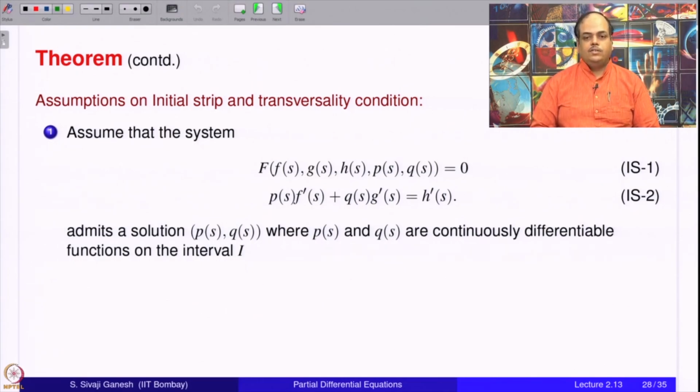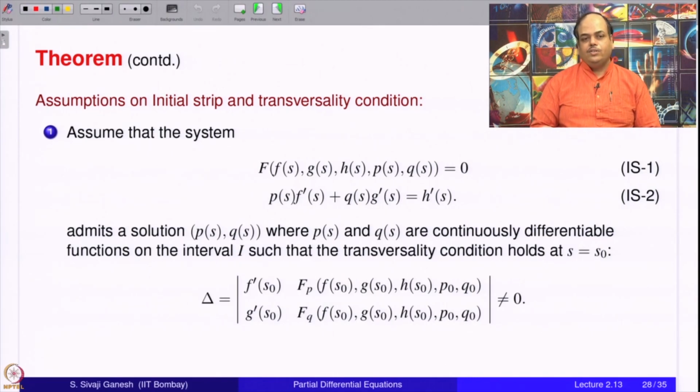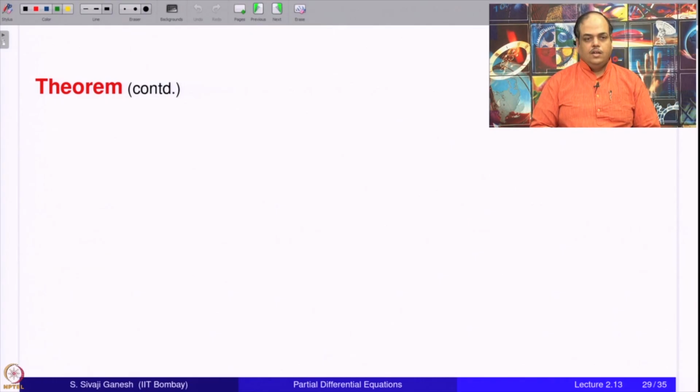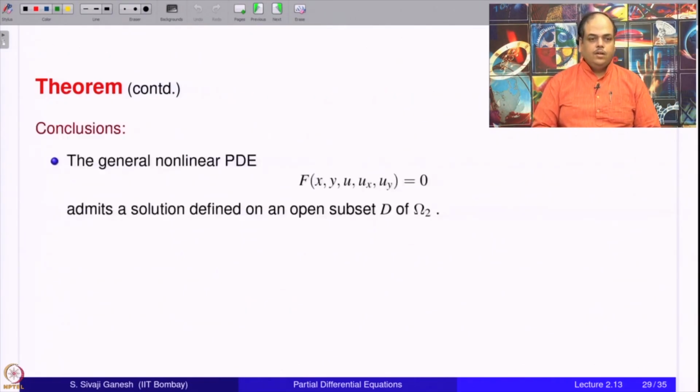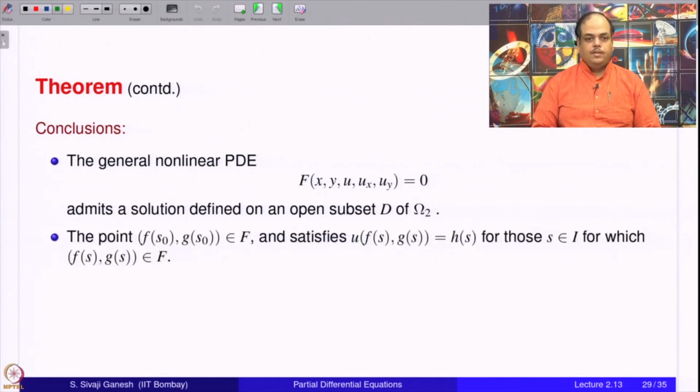Actually, it is enough to work with existence of these kinds of functions for s in a small interval containing some point s0. Because finally, the conclusions of the inverse function theorem or implicit function theorem are local. So, assume the transversality condition. Conclusions: the general nonlinear PDE admits a solution defined in an open subset of omega 2 for the Cauchy problem, that is missing here, the Cauchy problem.